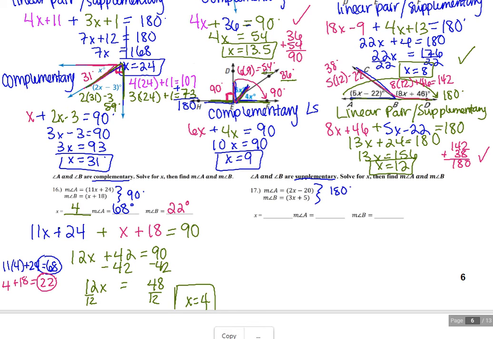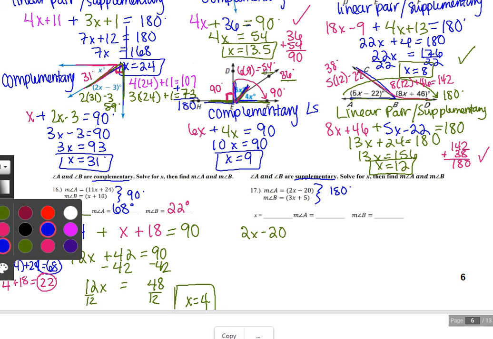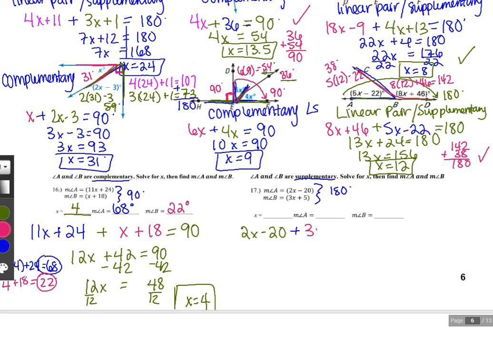So angle A is 2x minus 20. And then angle B is 3x plus 5. We're going to add these together and set them equal to 180. We'll go ahead and solve. So combine my terms, 3x plus 2x is going to give us 5x, and then negative 20 plus 5 will give us negative 15 equals 180.